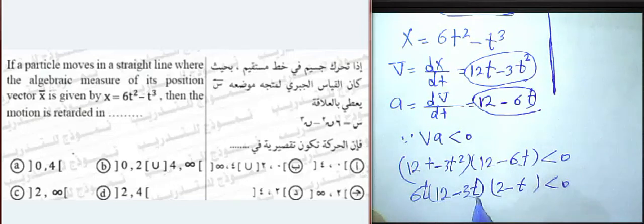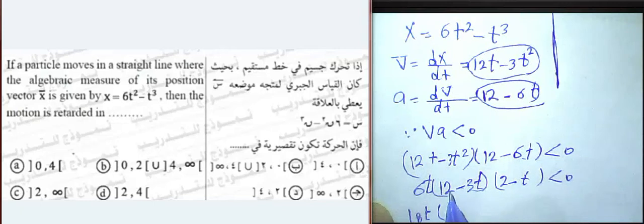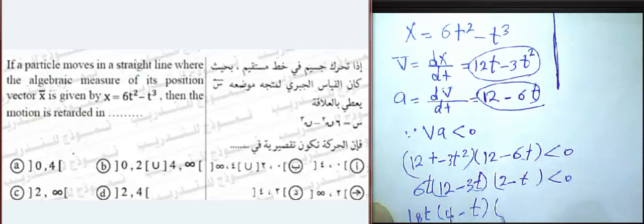We can write 3 outside again because 12 can be divided by 3. 3 times 6 equals 18t. 12 divided by 3 equals 4, subtract 3 divided by 3 equals 1 multiplied by t, so (4 subtract t) multiplied by (t subtract 2) less than 0.